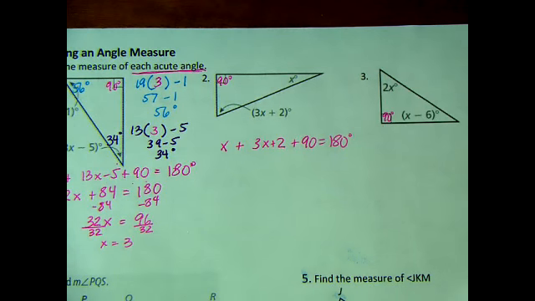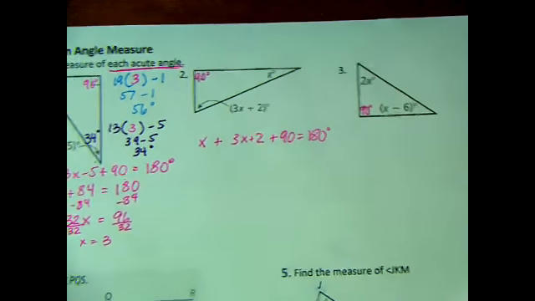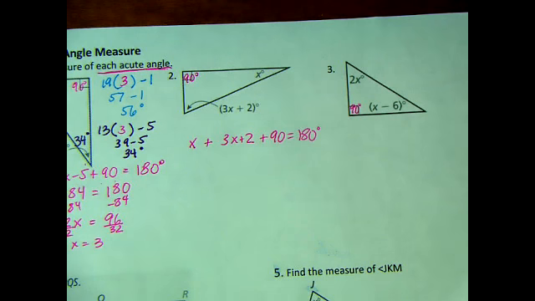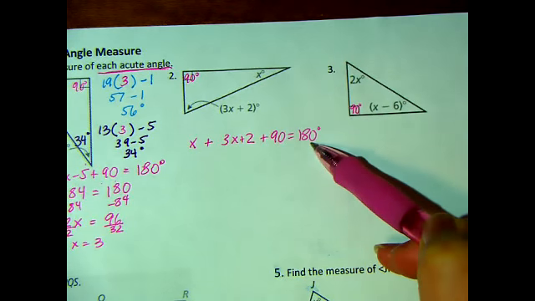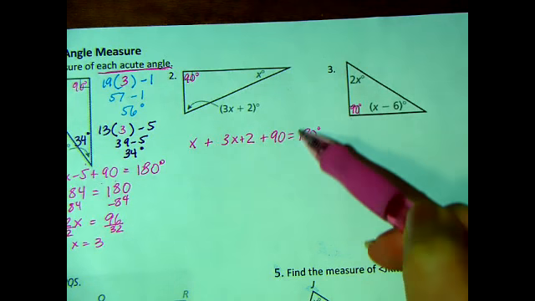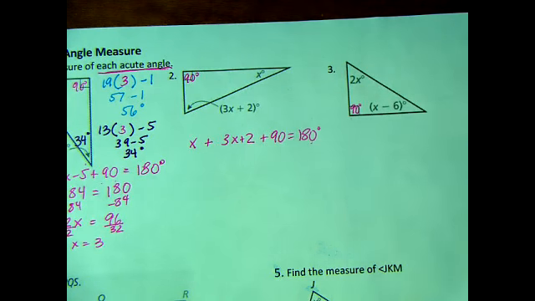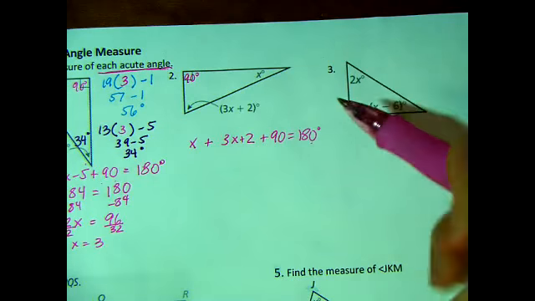That is the correct setup there. Now, the 2 people that chose the top one, I hope it's because you subtracted the 90 from the 180 here and we're left with the 90 degrees. I really hope that was the reason why you chose that. If it wasn't, then there's a misunderstanding there.